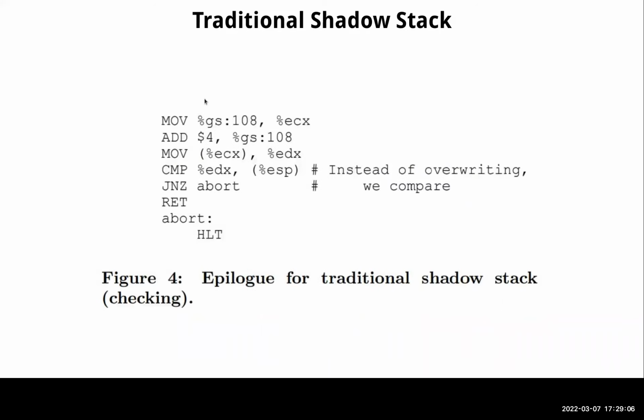Okay, so there's another approach where we do not overwrite, instead we check the value. The same thing: we get the legit return value from the shadow stack, then we compare that with whatever is in the original stack. If they are not the same, we just abort the program, otherwise we return, okay?